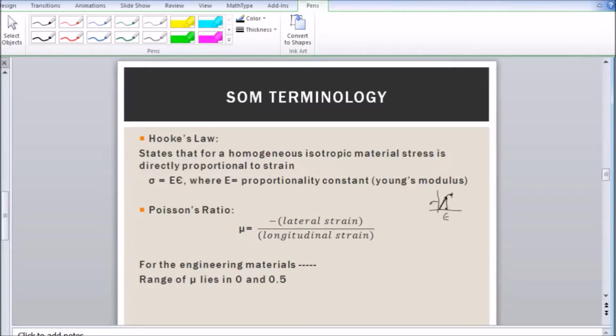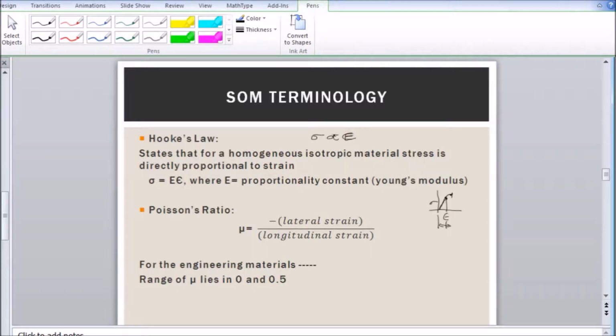So this linear part comes under Hooke's law, and Hooke's law states that for homogeneous isotropic materials, stress is directly proportional to strain, a linear relation. That means sigma is directly proportional to strain epsilon.